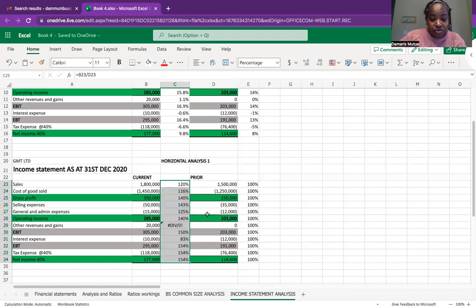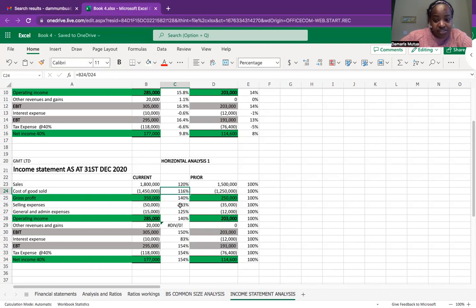So we do the same for all the line items. This is the reason why it's zero, because we don't have a figure here. So our COGS has grown from 100 to 116%. Our gross profit has grown by 40%.